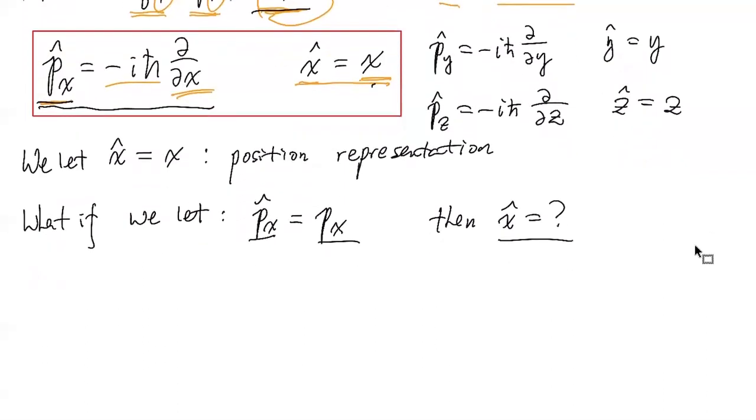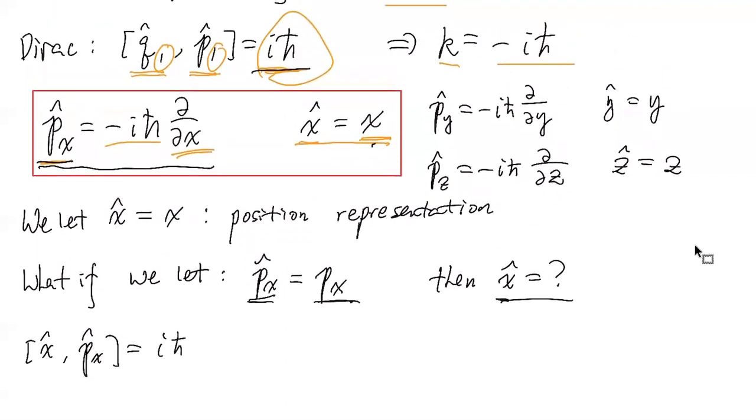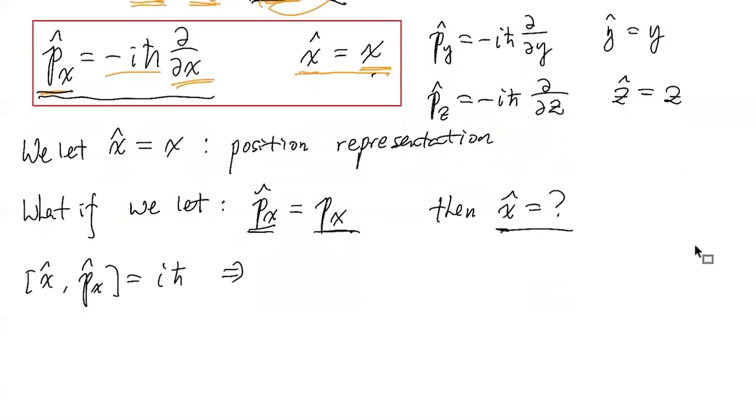So if we let Px be equal to simply the momentum itself, then what is the operator form for x? Because x, Px must be equal to iħ, right? This is what we learned from Dirac. Dirac told us that because of this one-to-one correspondence between the classical Poisson bracket and the quantum commutator, you must have this property. That means actually x is equal to iħ partial Px.